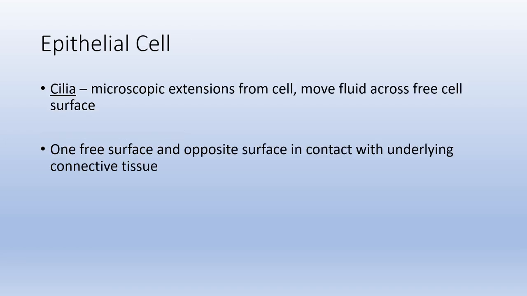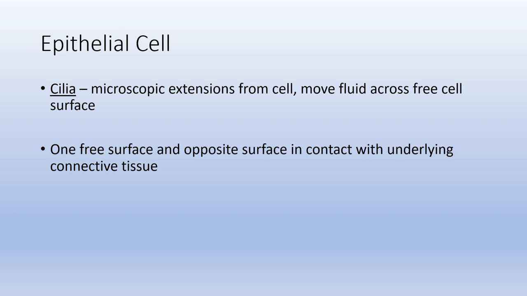There are certain things that are accessory structures, if you will, in the epithelial cell. Not all cells will have these, but some do. One thing that we do see in certain areas on the epithelial tissues is that the individual cells will have these little microscopic extensions, the cilia, and the purpose is to move fluid across that free surface.